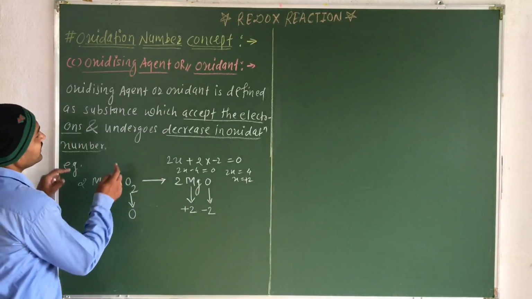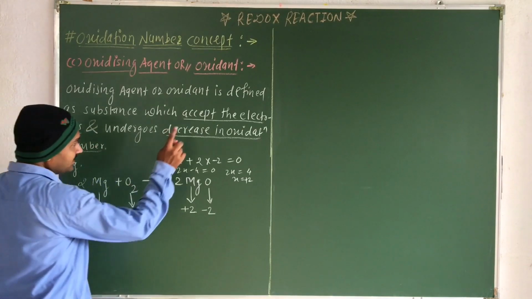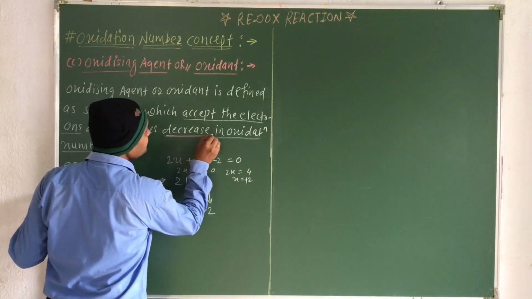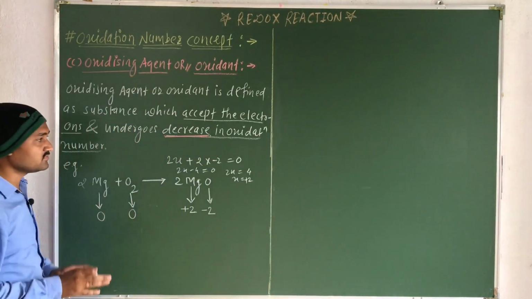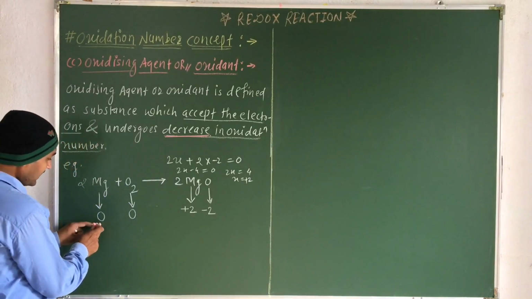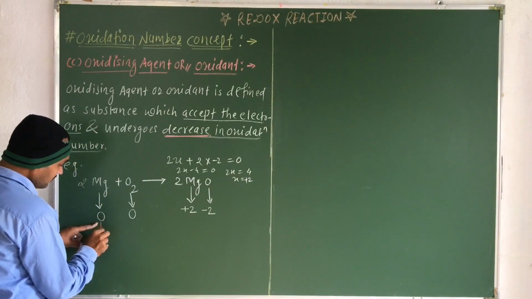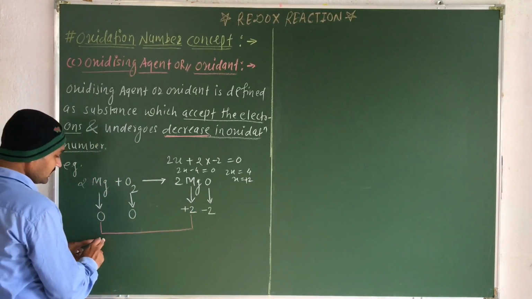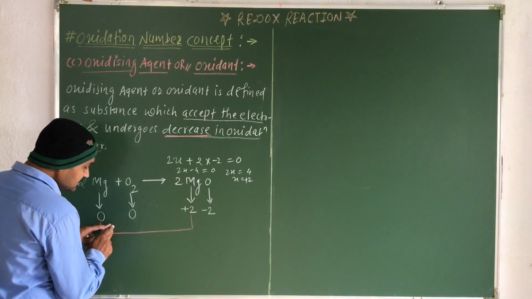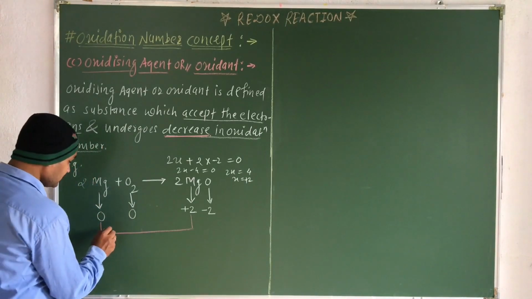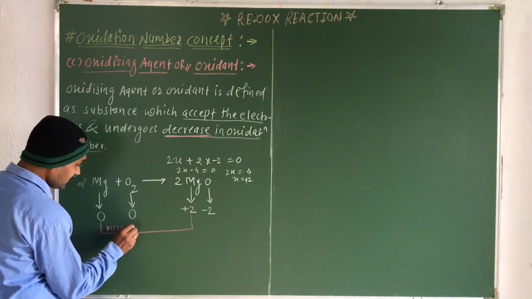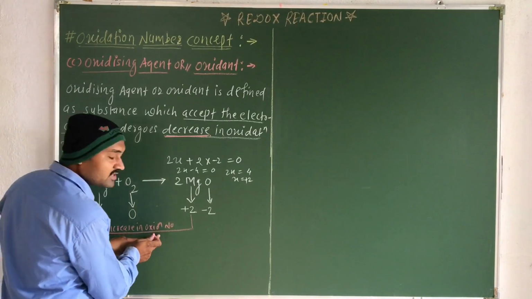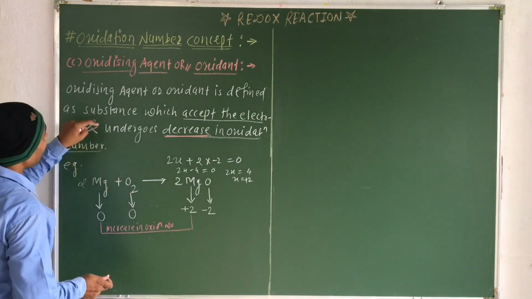Now here we have to find out which is the oxidizing agent. By the definition we know that it is any species which accepts the electron and undergoes decrease in oxidation number. Just remember the words increase and decrease. Magnesium here, what happens? From 0 it undergoes +2 oxidation state, so obviously there is an increase in oxidation number, so this will not act as an oxidizing agent.